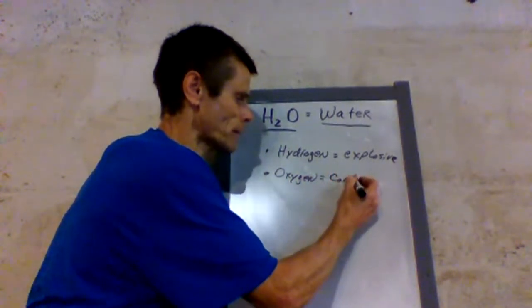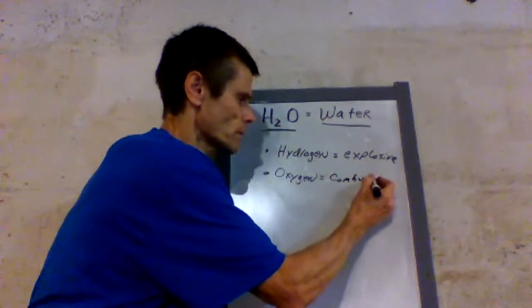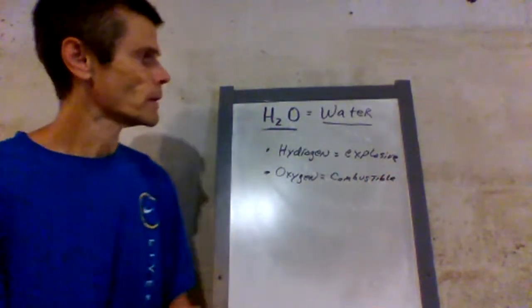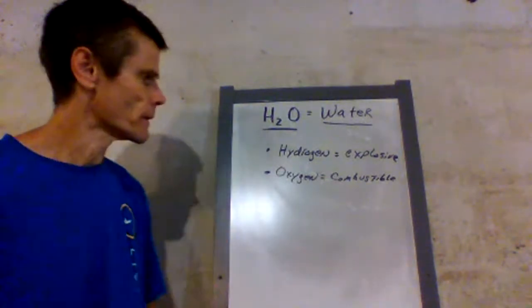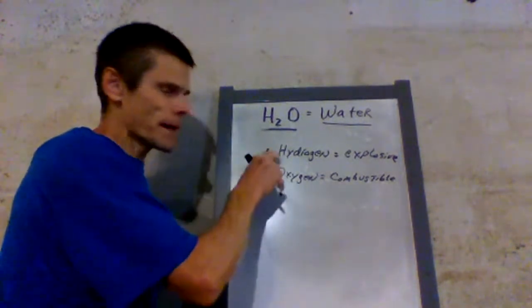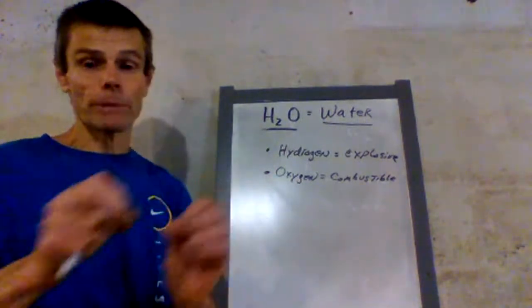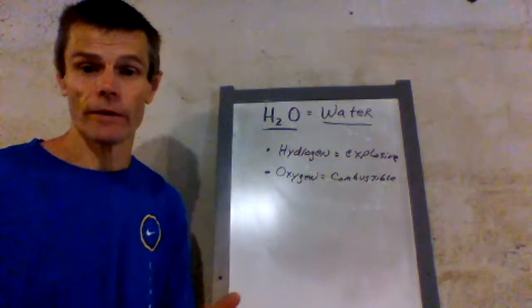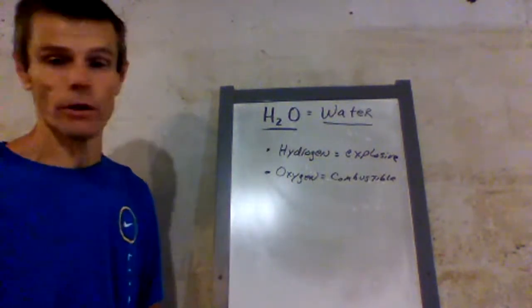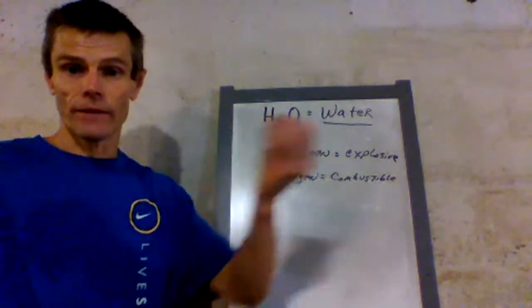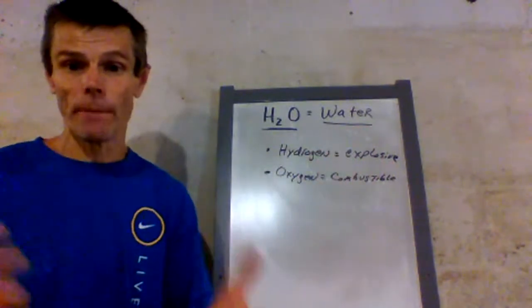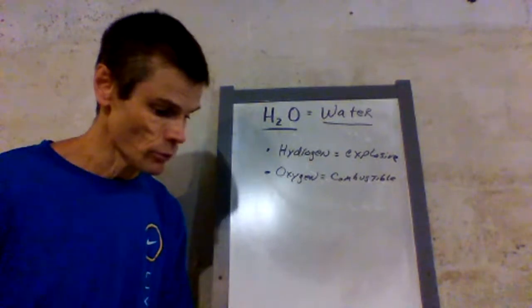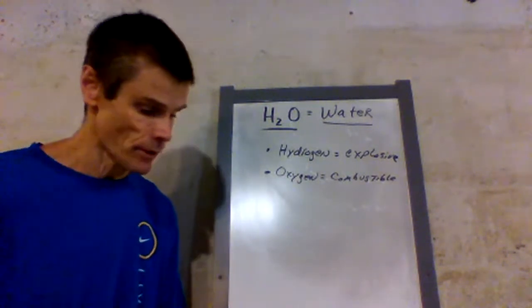So if you have a family member that's on oxygen, you're not supposed to smoke around them because the oxygen gas is combustible. So what's important here is that the elements that make up the compound may have completely different properties in comparison to the compound that they form. Water is neither explosive nor combustible. The different elements that make it up in their elemental form share different properties in comparison to the compound itself.